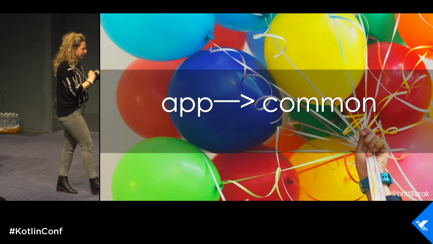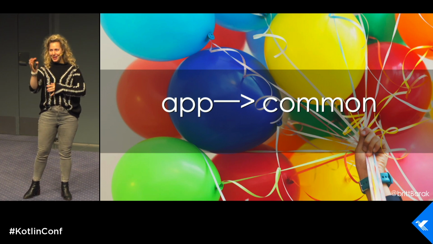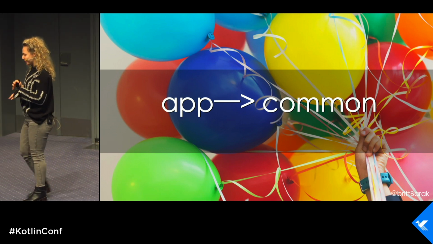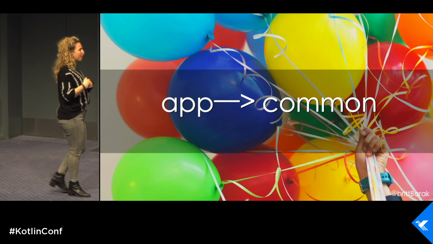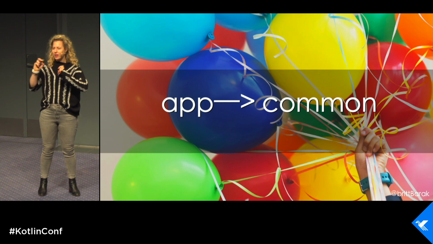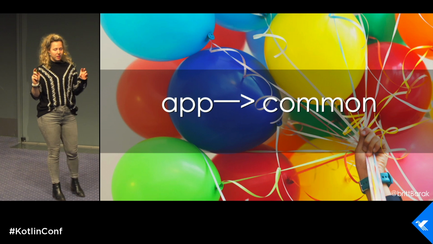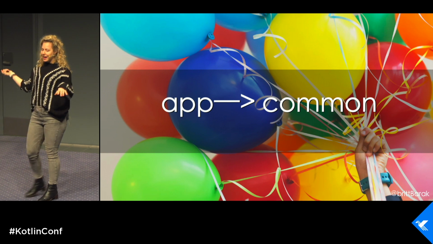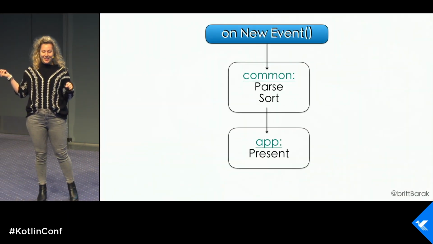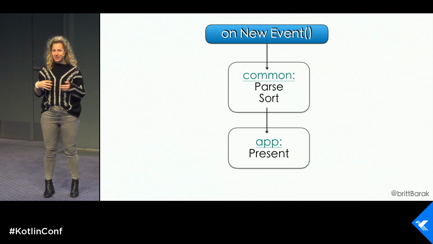All right, a little bit about how we communicate between these different levels, or between these different components. So how can the app use the common code, so how can the target or the platform-specific code talk with the common code? As you might guess, this comes naturally, because this is the whole point, right?